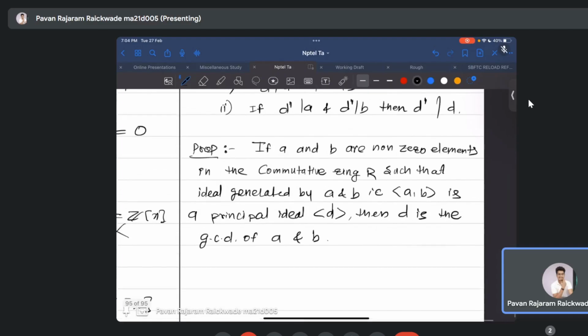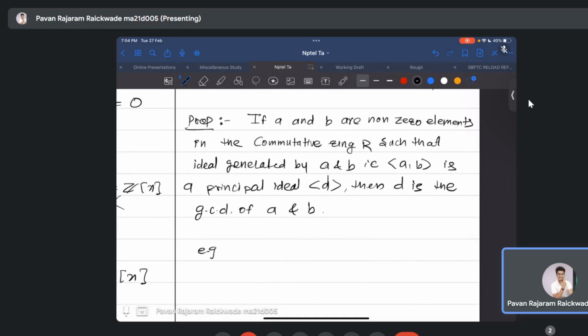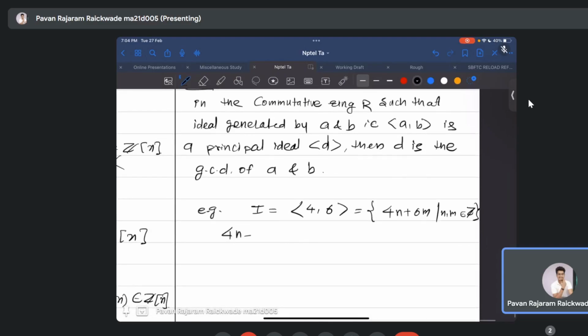Okay, so basically how it goes. Suppose, for example, consider I, the ideal generated by 4 and 6. What is this? This is the set of all elements of this form, 4n plus 6m, where n, m are integers, right? But you know, for any element, you can write 4n plus 6m as 2 times (2n plus 3m), right?